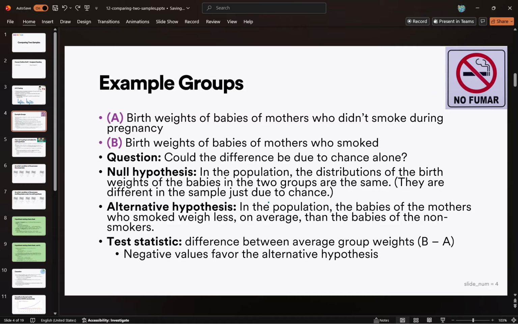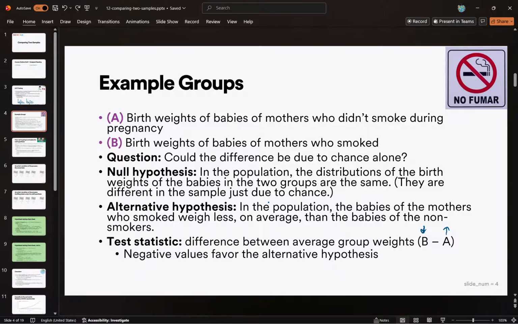The idea is that group B, if the mother smoked, is supposed to be small, and group A is supposed to be a large number. So if there was no difference, we should expect to see the difference being 0, right? But if there really was a difference, like we saw in real life, we should expect to see a negative number. All right, so negative values would favor the alternative hypothesis if we do our simulation.